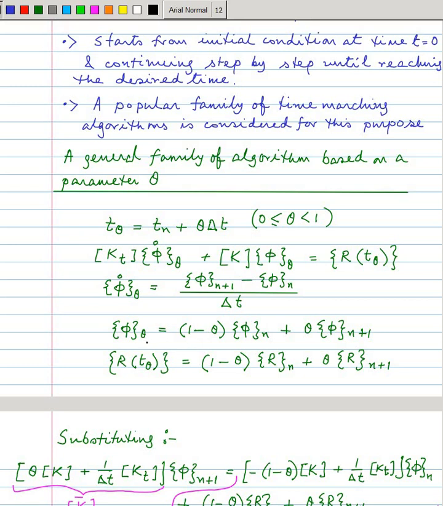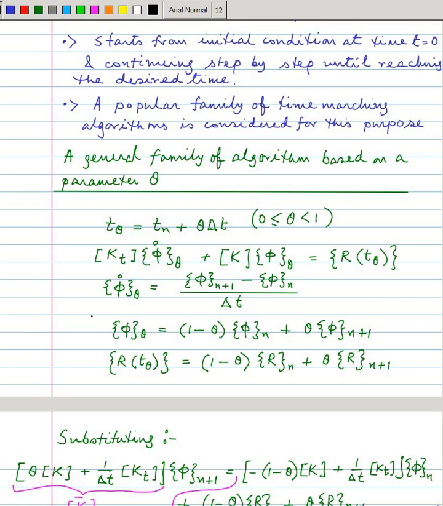So phi at t theta is equal to 1 minus theta into phi at tn plus theta into phi at tn plus 1, and the right hand side is 1 minus theta into the right hand side at time t equal to n, and theta into the right hand side at time t equal to n plus 1.